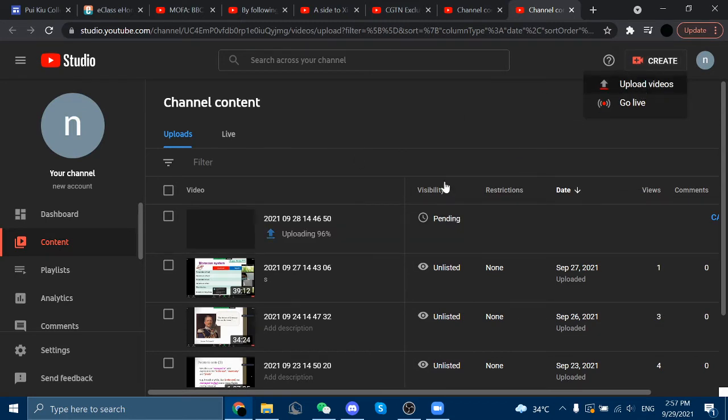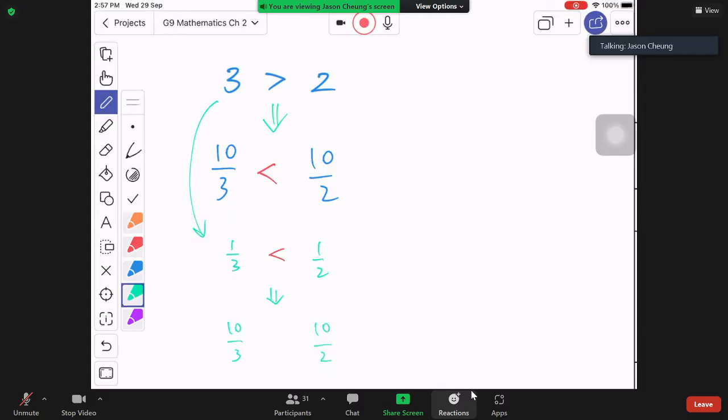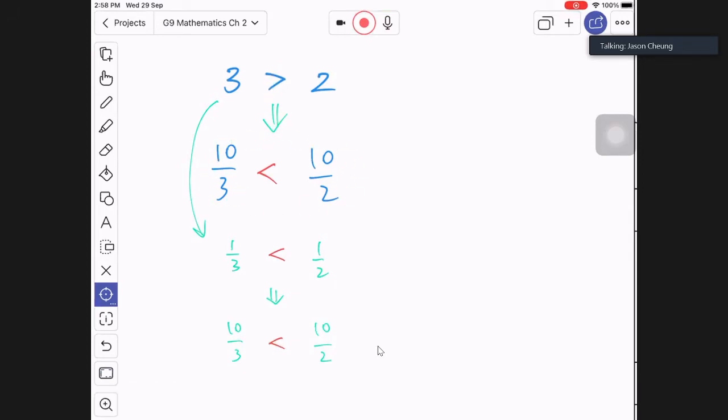The next step is to multiply by 10 on both sides. Because we multiply by a positive number, this sign will not change. Therefore, the first step changes, the second step no change, so we can directly think of it like this. So this is the first one.